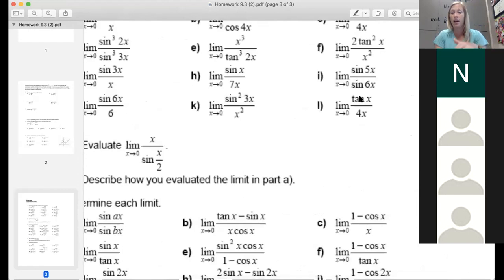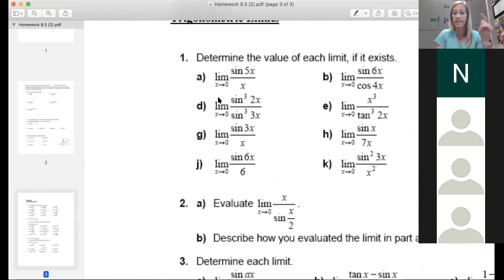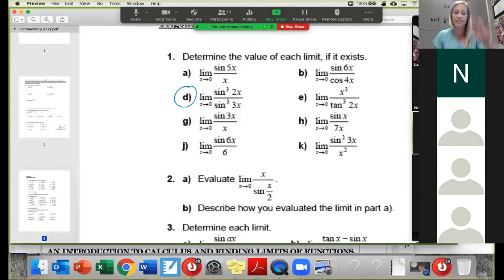Well, now look at D up here. Using that same thought, if it's a sine over a sine, we said it was just going to be that number. Well, what's different about D? It's cubed. So what do you think we're probably going to end up doing to those numbers? Do we cube them? So your answer to this is 8 over 27 for the same reason.